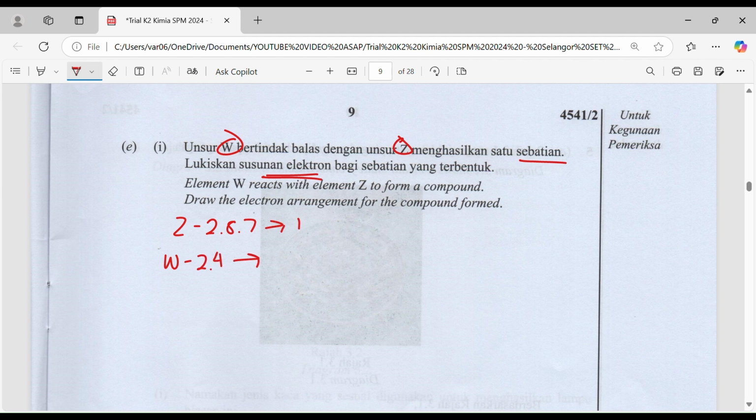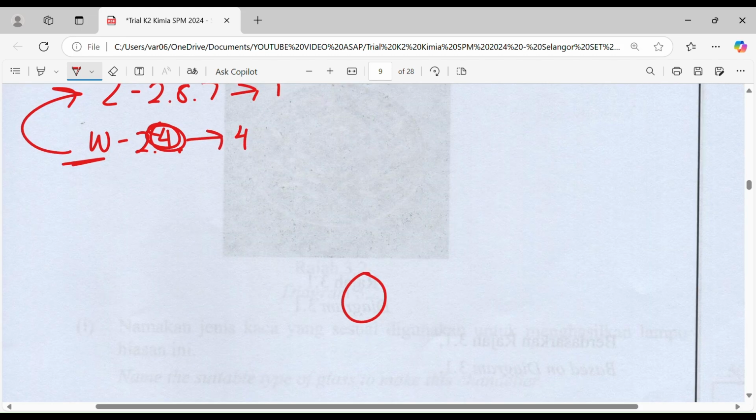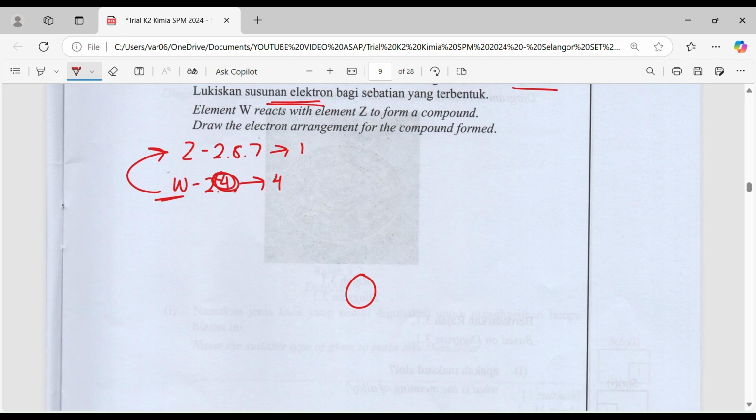So, ZW needs... Z needs one more, W needs 4 more. So in this case, W will share all its 4 electrons with 4 atom Z. So it will look somewhat like this.